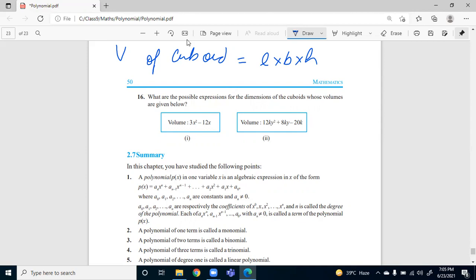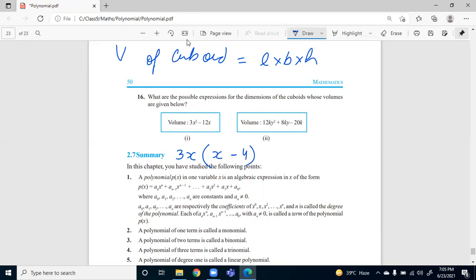So you can see the volume is given in this question. So out of these two terms, what can I take common? You can see I can take 3x common. Then in the first bracket, what should I write? I should write x. Then I can get 3x square. And for the second term, I should write minus 4. Okay.